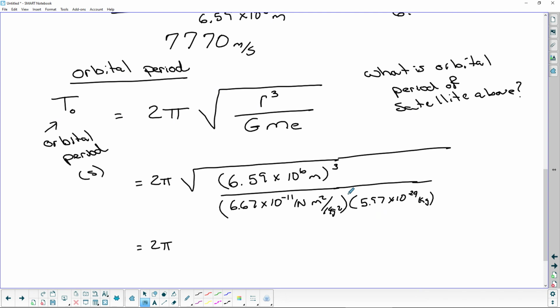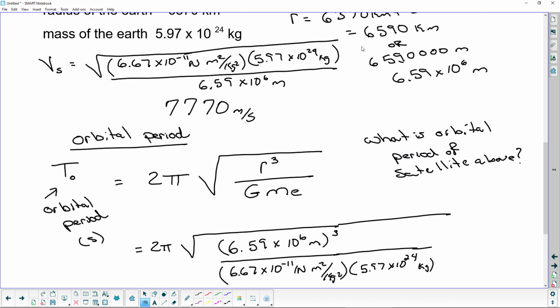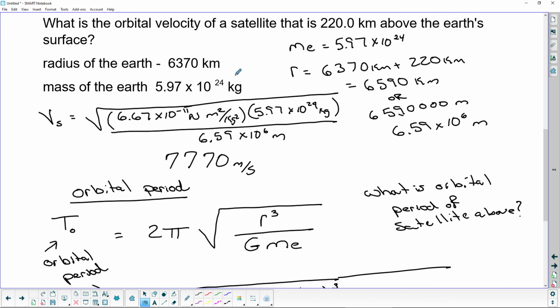6.67, scientific notation negative 11. This is a 4. Right, same as up here. Same as this one right here.